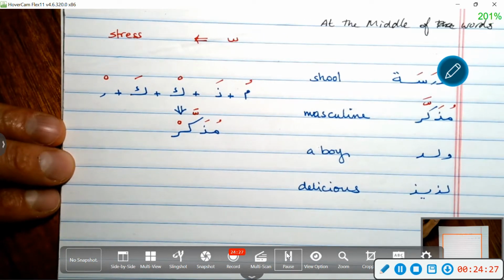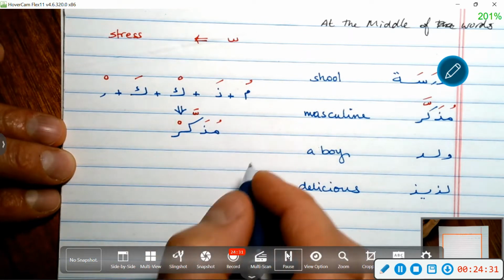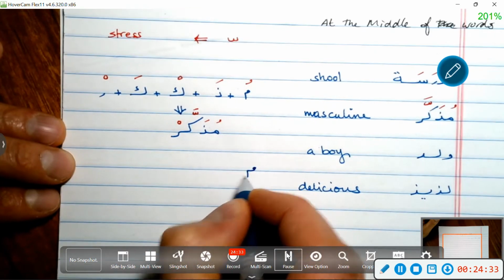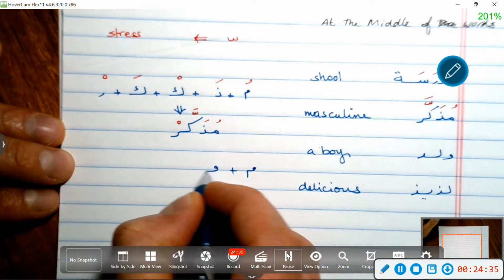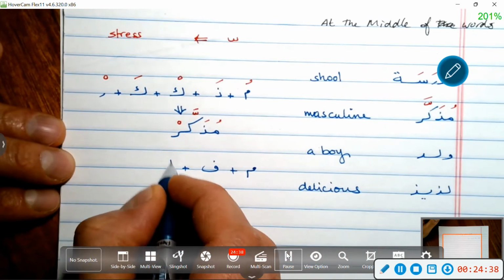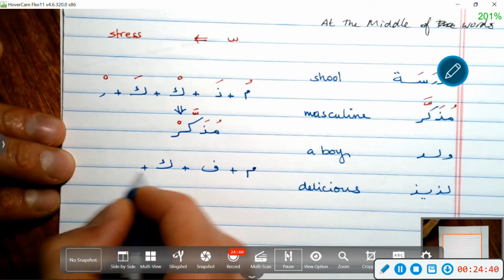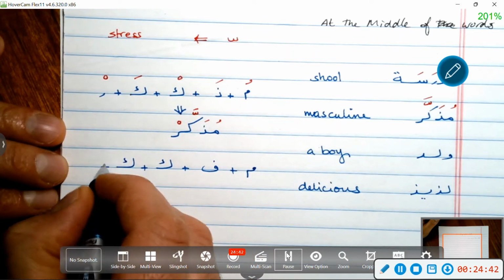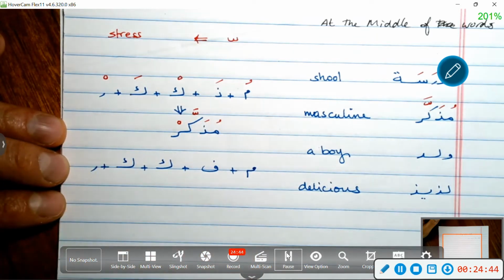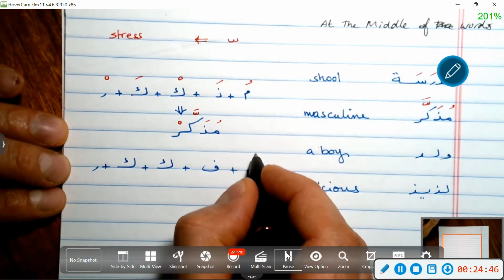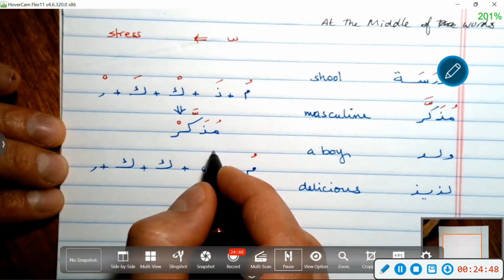Let's see another word with shadda. Let's say mufakkir. Mim, fa, kaf, kaf, ra. And the harakat is going to be as following. Mu, fa, fakkir.